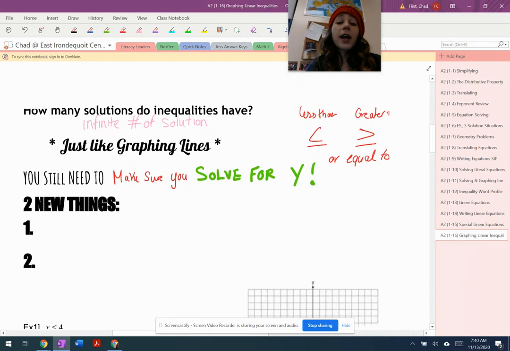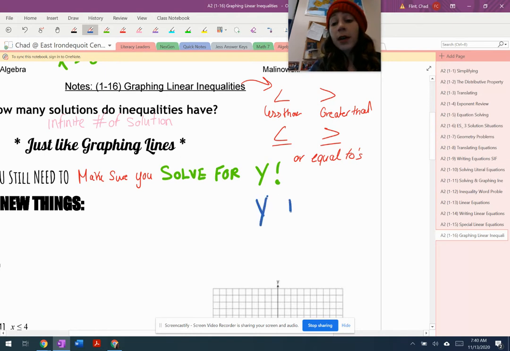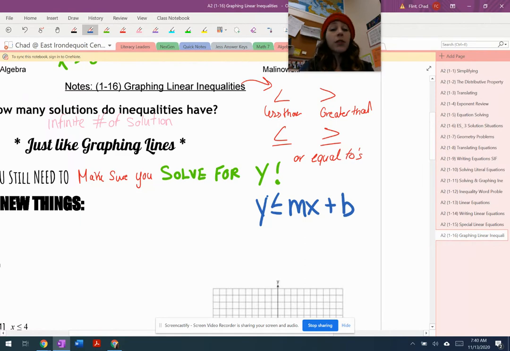Just like we need that in order to be able to see the slope and the y-intercept, we still need to have y isolated when we're dealing with a linear inequality. The only difference is instead of being y equals mx plus b, it's going to be more like y is less than or equal to mx plus b, or y is greater than mx plus b.